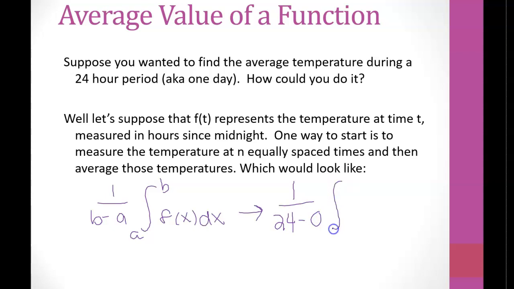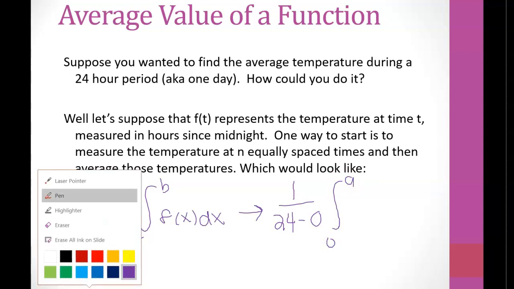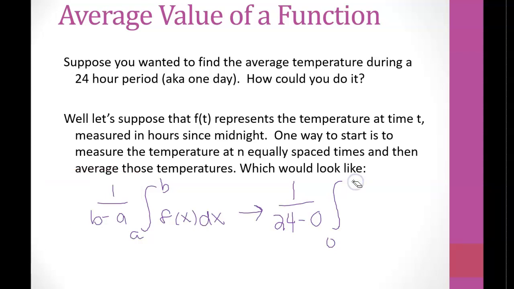Our integral would be the sum of all of those times from 0 to 24, and our function was f of t dt, because we were looking at the temperature with respect to time. So that's how you could go from the generic average value to finding it using an integral.